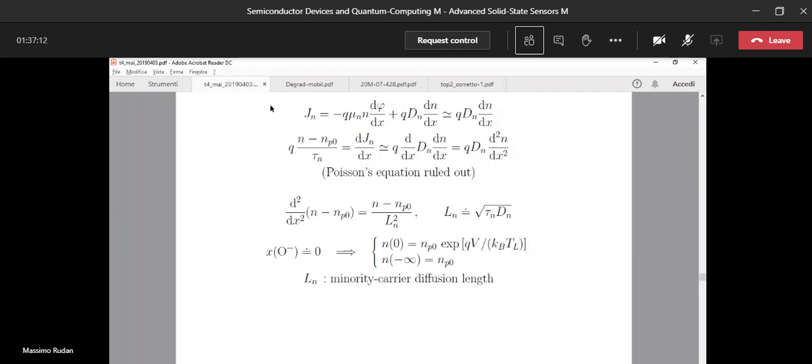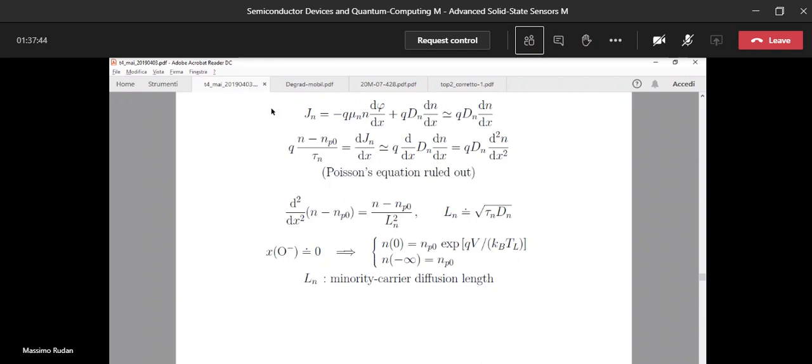So the transport equation for the minority carriers in a neutral region is such that the diffusive term is dominating, is much larger than the drift term, okay? So the approximation, remember, applies only to the minority carriers and only in the quasi-neutral region, okay?